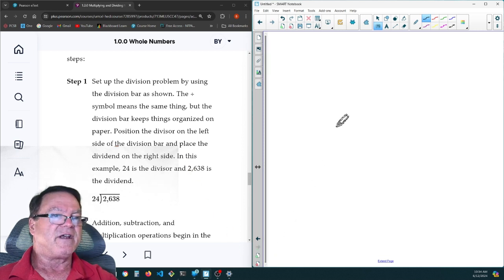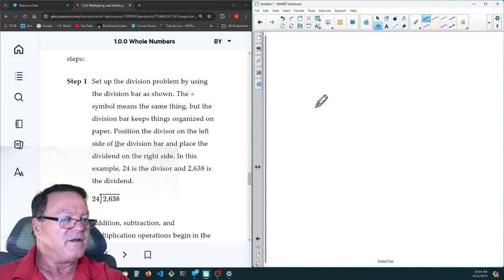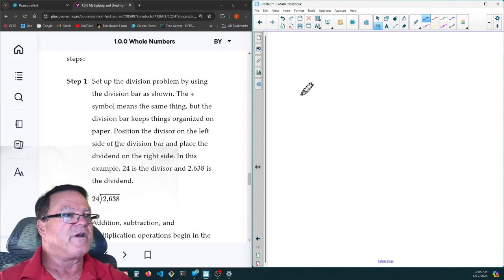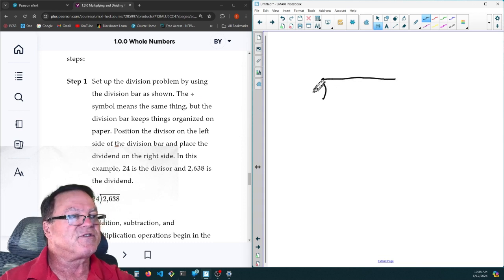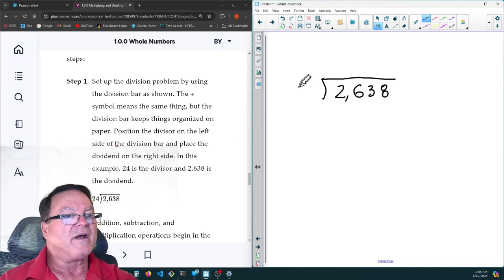Here in the United States, what we do is we draw what we call the division bar. This is our division bar. It looks very similar to the square root symbol, but you don't bring the stub up here. So here, they're dividing 2,638 by 24.